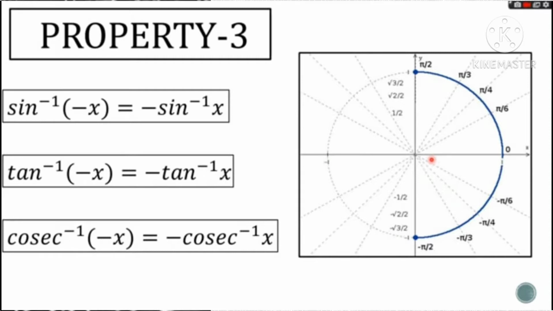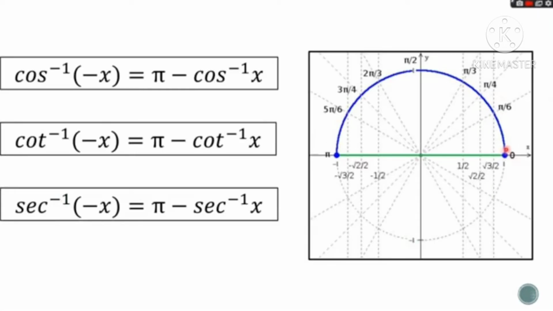That means sine inverse of minus x is minus sine inverse x, tan inverse of minus x is minus tan inverse x, and cosec inverse of minus x is minus cosec inverse x, whereas cos inverse of minus x is pi minus cos inverse x, cot inverse of minus x is pi minus cot inverse x, and sec inverse of minus x is pi minus sec inverse x.